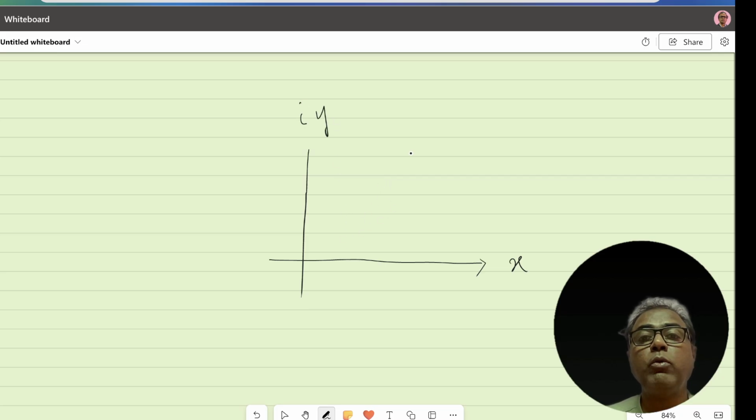This is the point 1 + i. So this is the origin, with coordinates (0, 0), and this point is (1, 1). Join the origin and the point (1, 1), which is 1 + i.